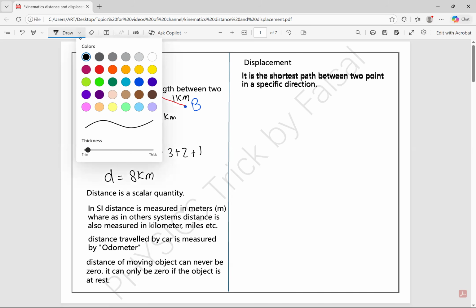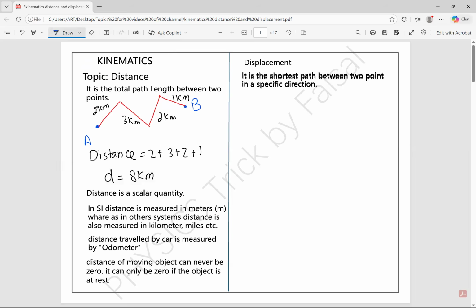the displacement. For example, if a person takes a shortest route, or the car takes a shortest route or straight line path in a specific direction, then it would be the shortest distance and it is called displacement. So we can say it is the shortest path between 2 points in a specific direction.